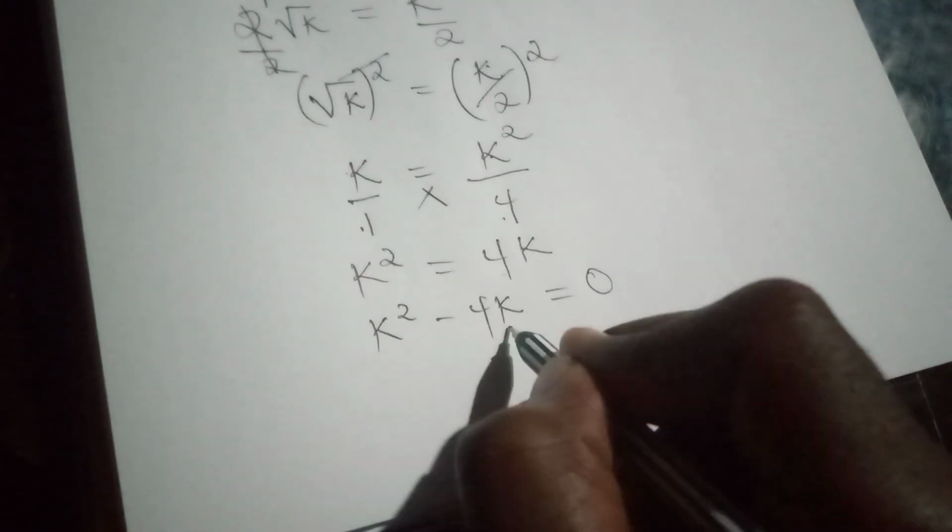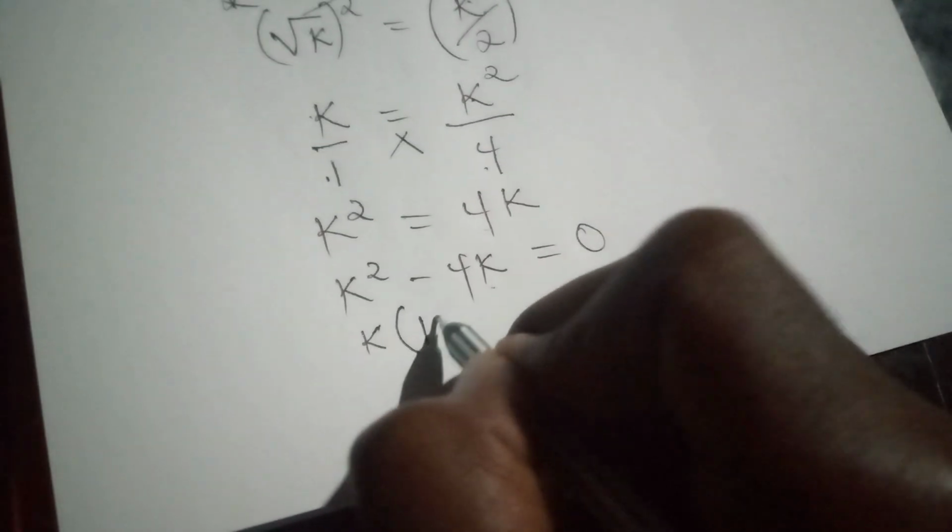So from there, k squared, this one is going to cross the equal sign so that it becomes a quadratic. Negative 4k is equal to 0. Factorize what is common. So k is common. So you're remaining with k.